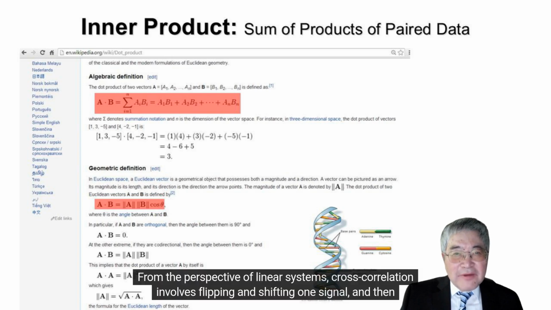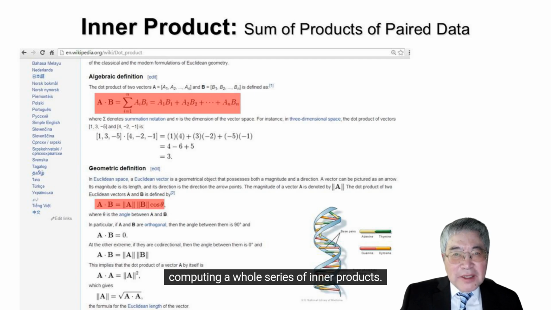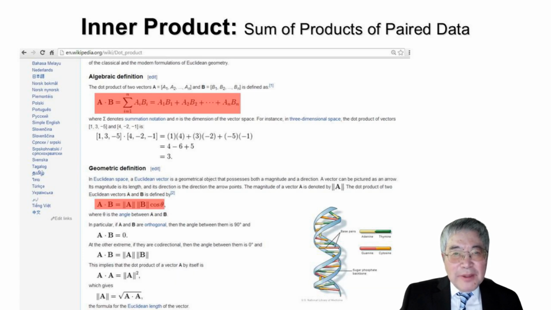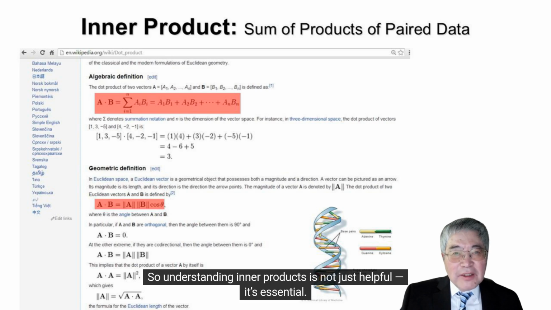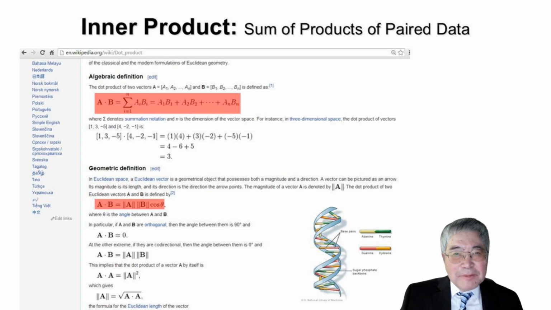From the perspective of linear systems, cross-correlation involves flipping and shifting one signal and then computing a whole series of inner products. The result becomes the output response of a shift-invariant system. So understanding inner products is not just helpful, it's essential.